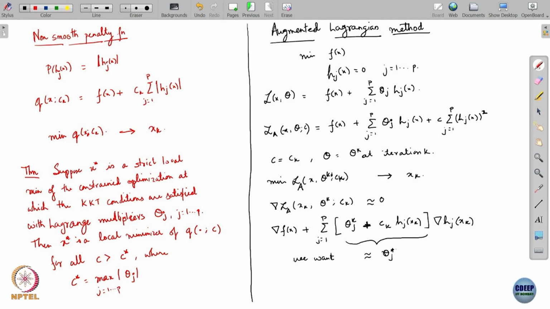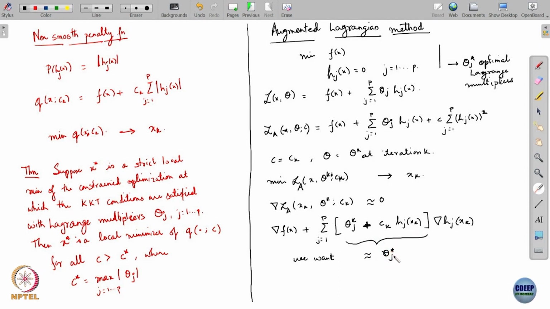So, suppose theta j star are the optimal Lagrange multipliers. Then in that case we would want this quantity, the one that I have put an underbrace below, to start approaching theta j star, right.